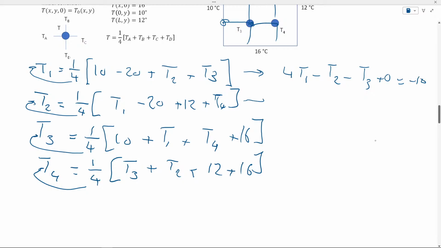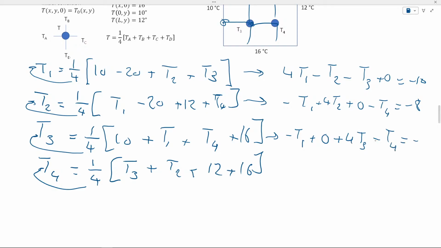Similarly for this guy, I can arrange it as negative T1 plus 4T2, and you see the symmetry. I want to show you how I'm putting this in symmetry. There's no T3, so plus 0, minus T4 is equal to negative 8. Similarly, for this guy, negative T1 plus 0 plus 4T3 minus T4 is equal to negative 8.